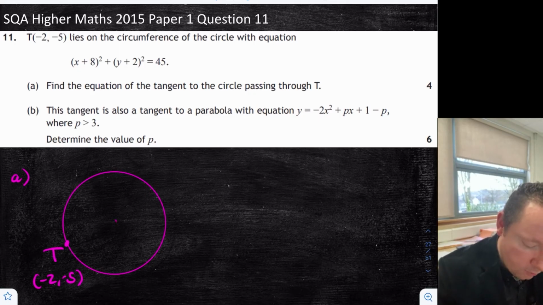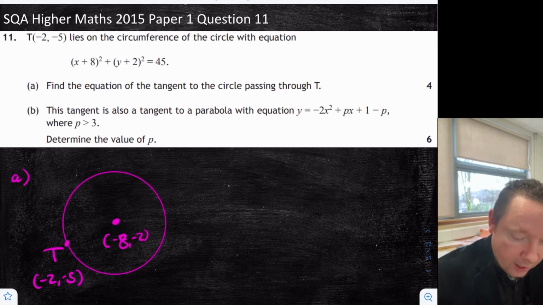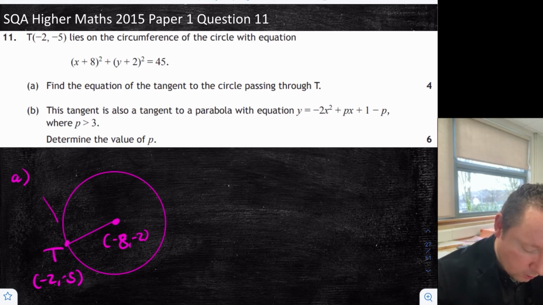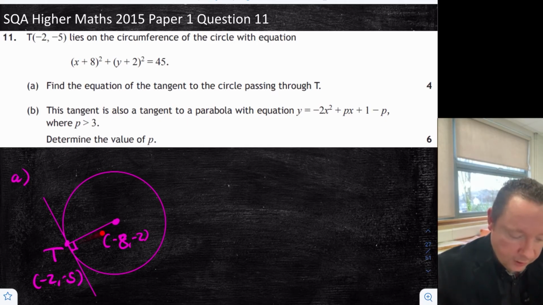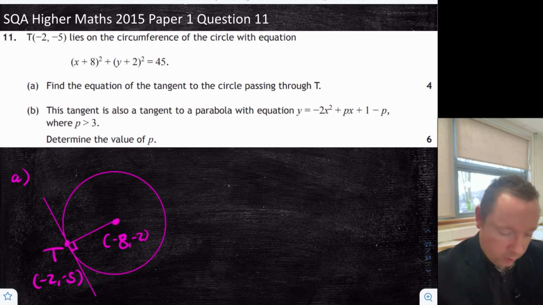Then we've got the centre of our circle, where we can work out our centre. It's (-8, -2). And we have to find the equation of a tangent passing through T. So a tangent makes a radius at right angles, from National 5. So if we work out the gradient between the centre and T, then m1 times m2 equals minus 1.